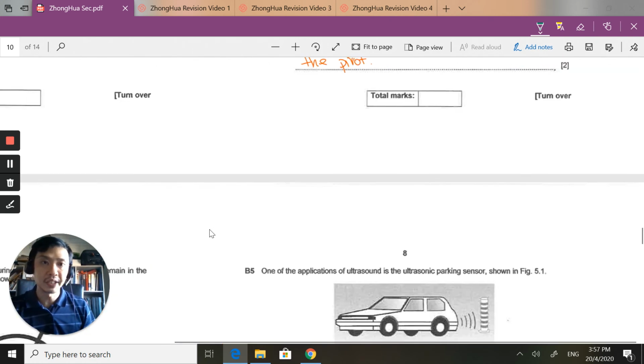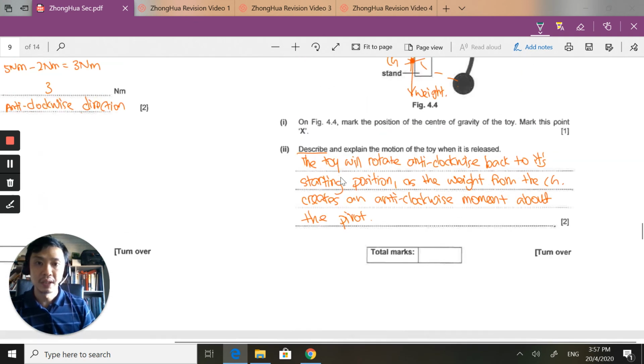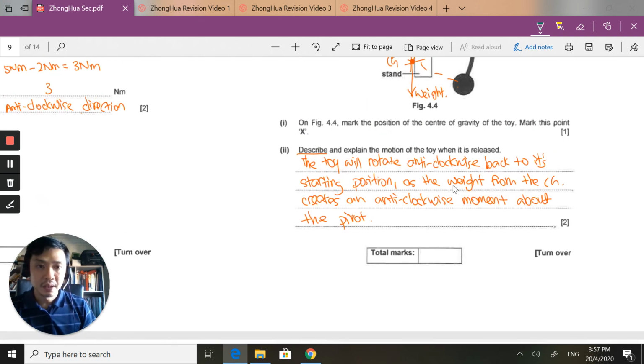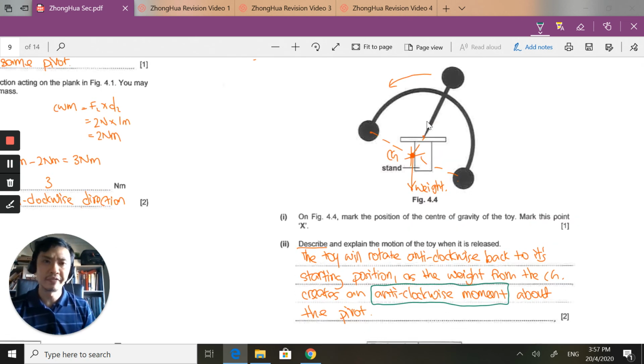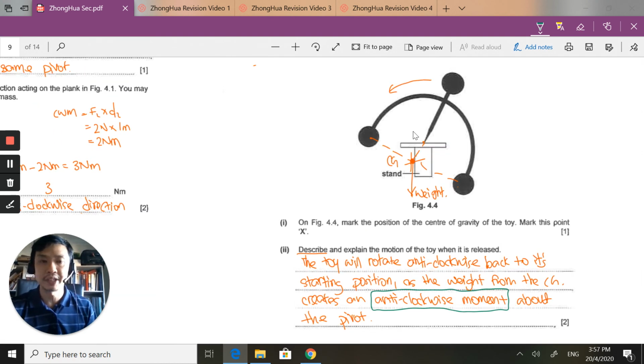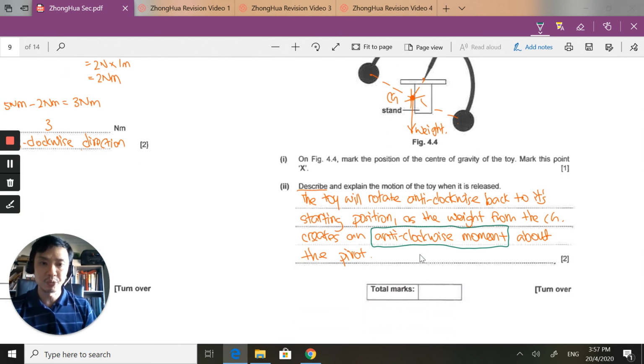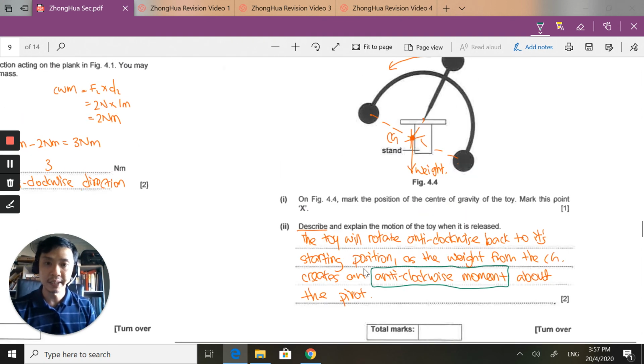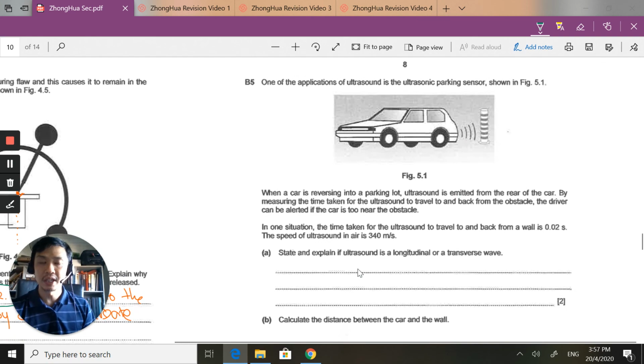And you always have to talk about the moment that will bring the toy, or whatever object the question is asking about, back to its original position. Don't just say that it turns back to its original position. Be specific, saying anti-clockwise moment or clockwise moment. These are some keywords you have to take note of.